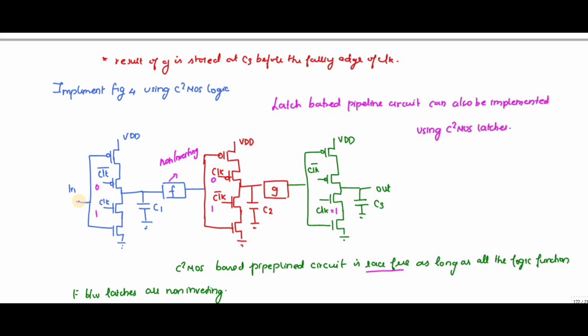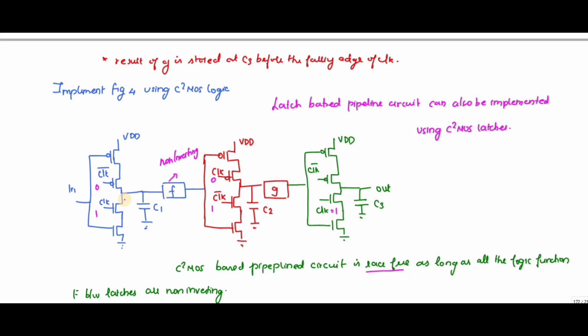So this simply will go to the pull-up network. So the only way a signal can race from stage to stage under this condition is when the function f is inverting.